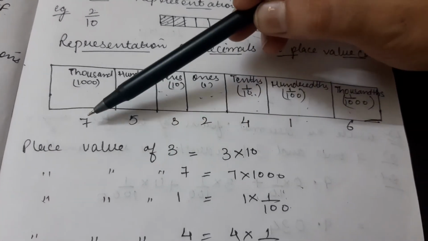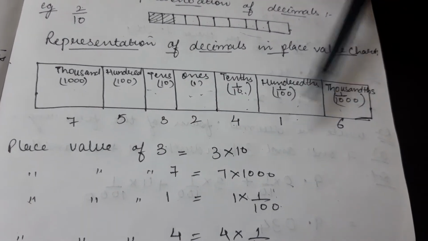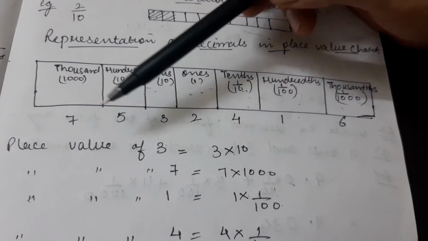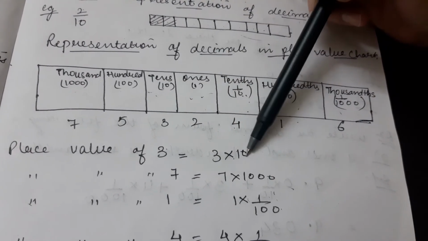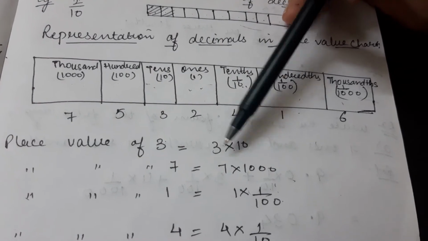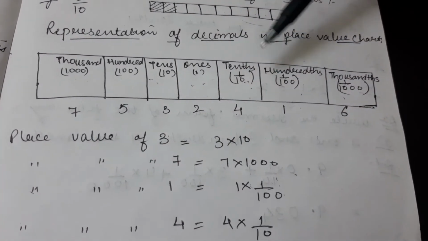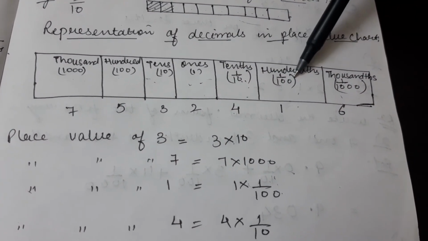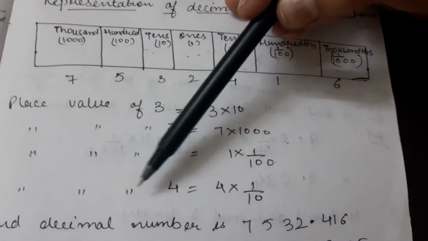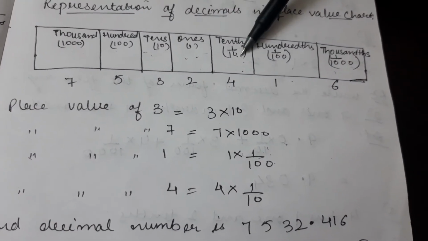So if I have the number 7532.416, the place value of 3 is 3 into 10. The place value of 7 is 7 into 1000. The place value of 1 is at the hundredths place, so it will be 1 into 1 by 100. The place value of 4 is 4 into 1 by 10.